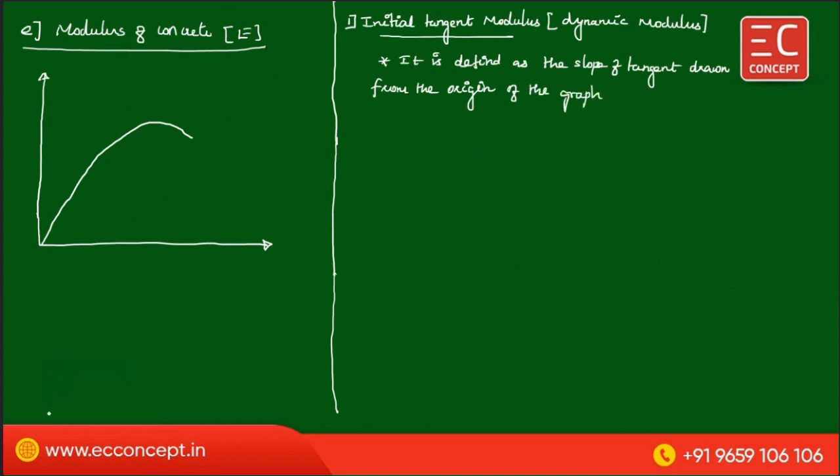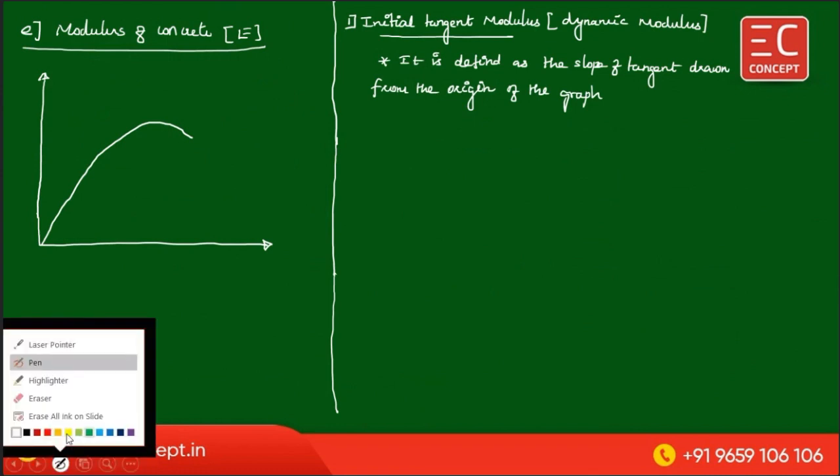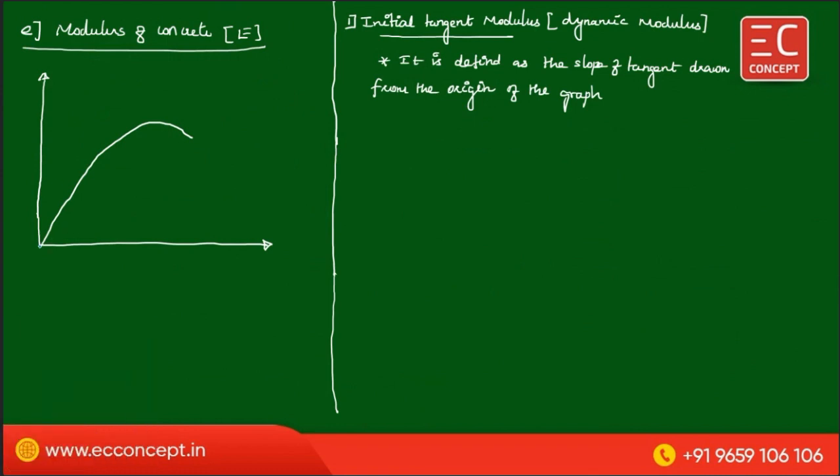It is defined as the slope of the tangent drawn at the origin of the graph. So this is the origin point. If you draw a tangent from the origin, then it will go something like that. This is the initial tangent modulus, or you can say dynamic modulus.